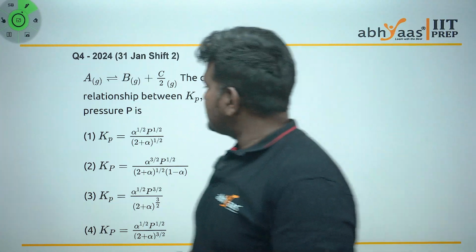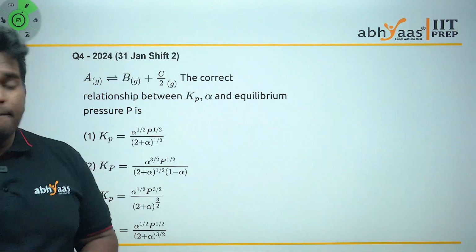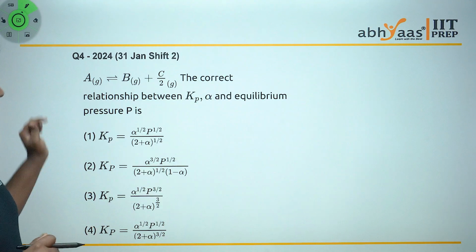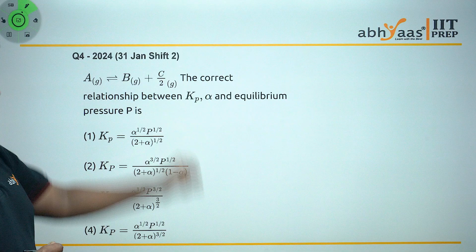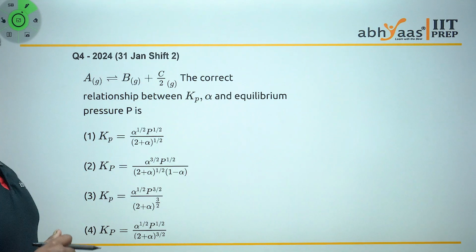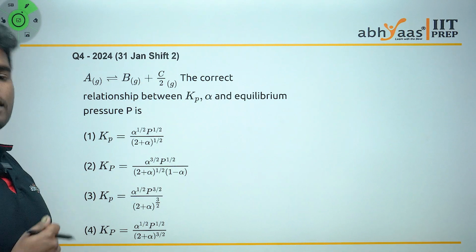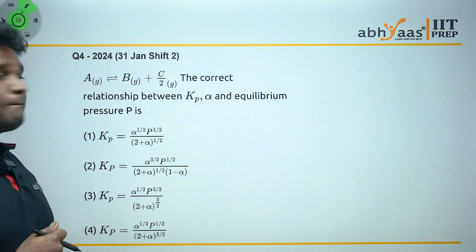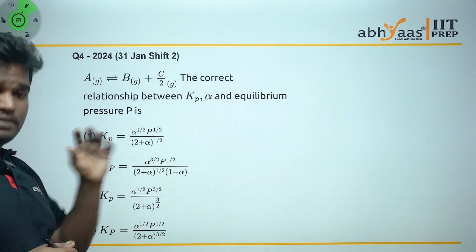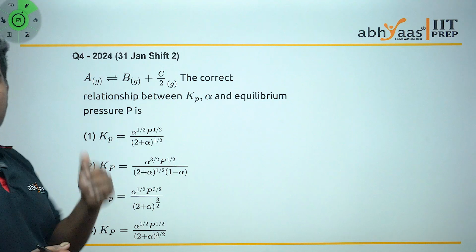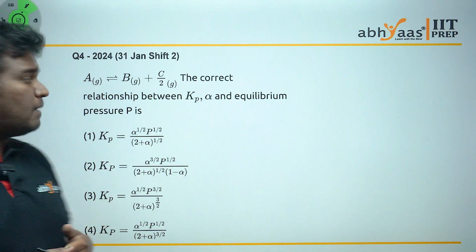So we are concerned with equilibrium pressure, and at that condition, what is the relationship between Kp and alpha, right? Kp is the equilibrium constant at pressure. In terms of partial pressure, we write the equilibrium constant as Kp.